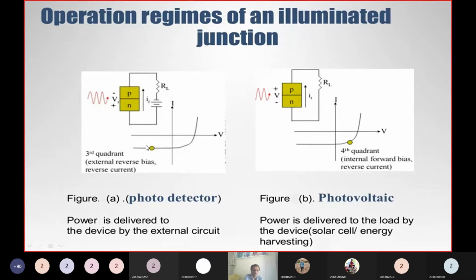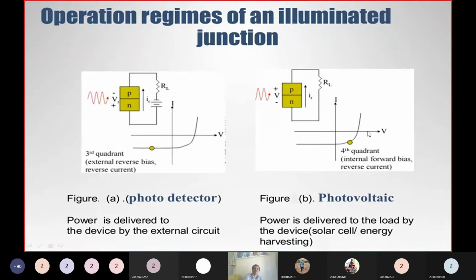The operating point in the fourth coordinate means voltage will be forward bias and current will be reverse current. This is the operating point for the photovoltaic cell.